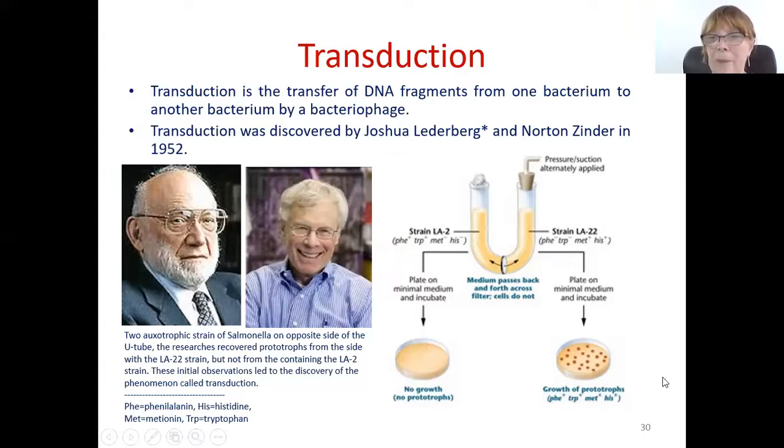But amazingly, the strain LA22, which lacked the ability to synthesize phenylalanine and tryptophan but was able to synthesize methionine and histidine, suddenly appeared to be prototrophic, which means that on a plate not containing phenylalanine, histidine, methionine, and tryptophan, these bacteria managed to grow.